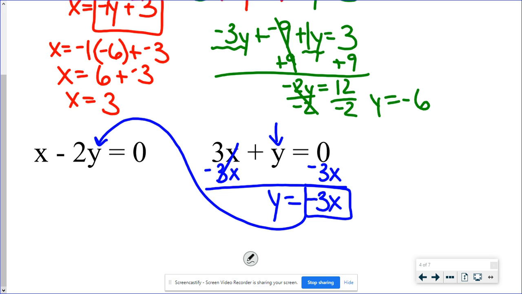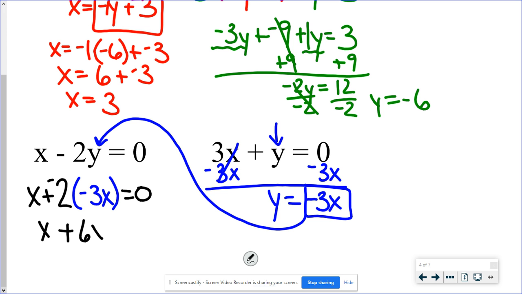So I would have x minus 2 times that negative 3x equals 0. So that's x plus 6x equals 0. So 7x equals 0.